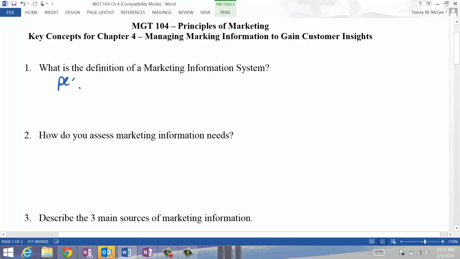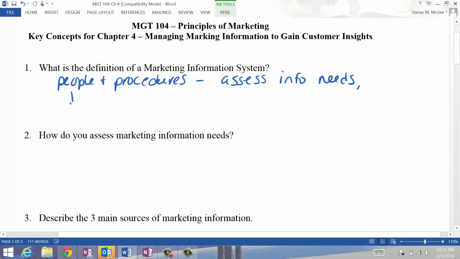it's the people and or the procedures that enable us to assess our current information needs. So what information do we need?